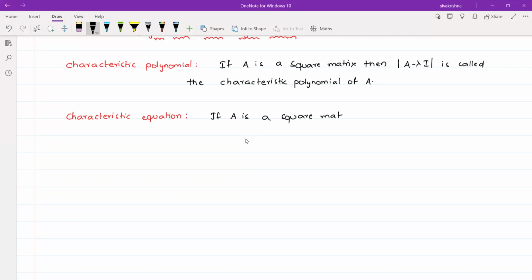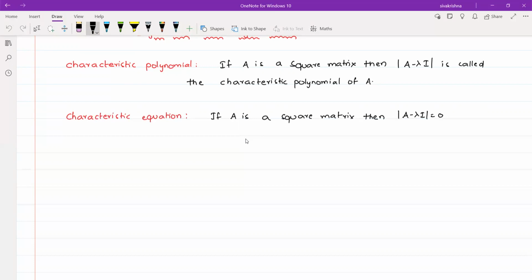So if A is a square matrix, then det of A minus lambda I is equal to 0. In the above definition I just wrote det of A minus lambda I, but here I have written det of A minus lambda I is equal to 0. Whenever a polynomial is equal to 0, we say that it is an equation.